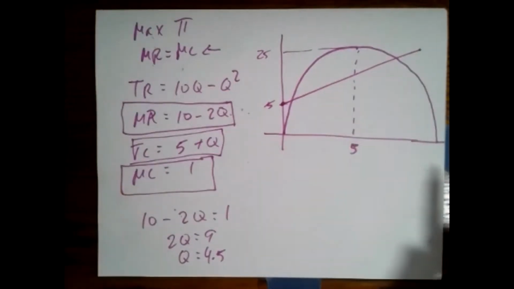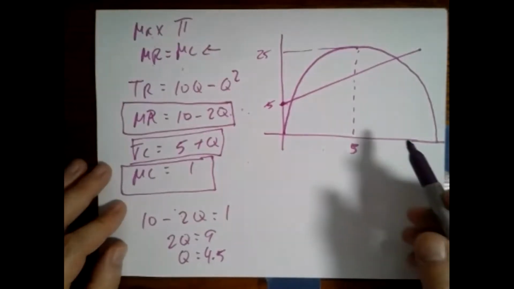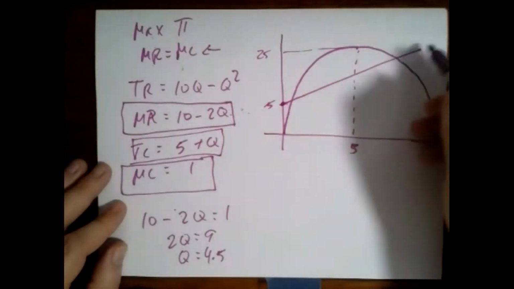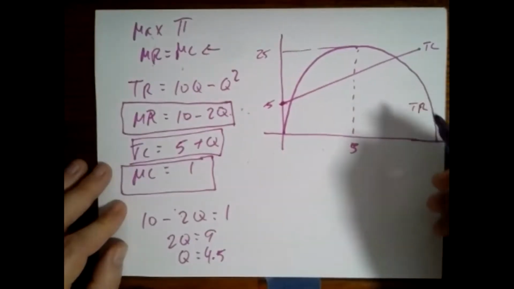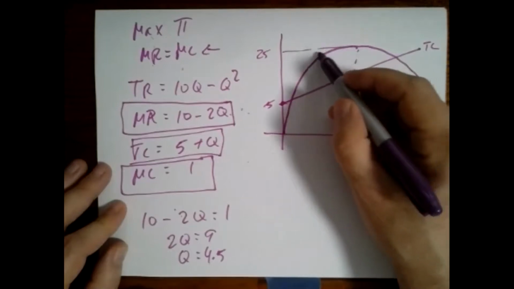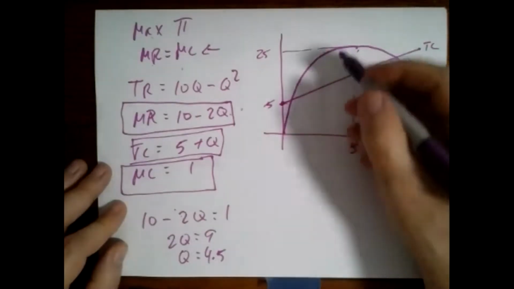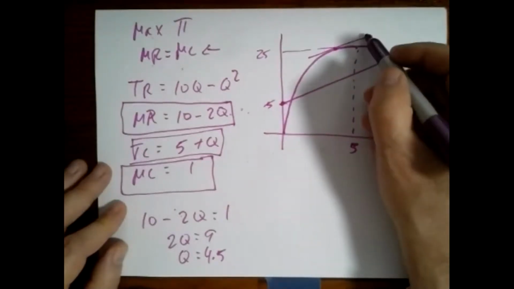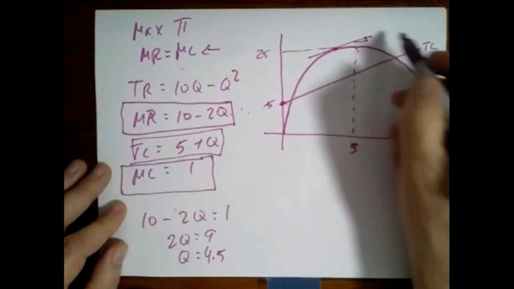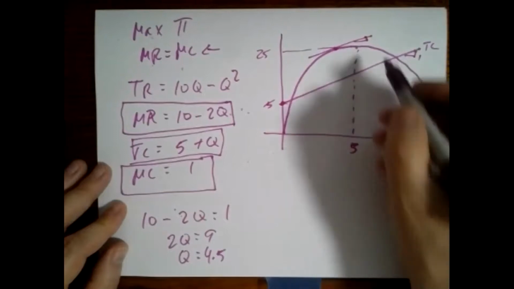Like before, this is total cost, and this is my total revenue. What I'm looking for is a point on the total revenue curve that has a slope equal to the slope of the total cost curve. In this case, the total cost curve has a slope of 1.